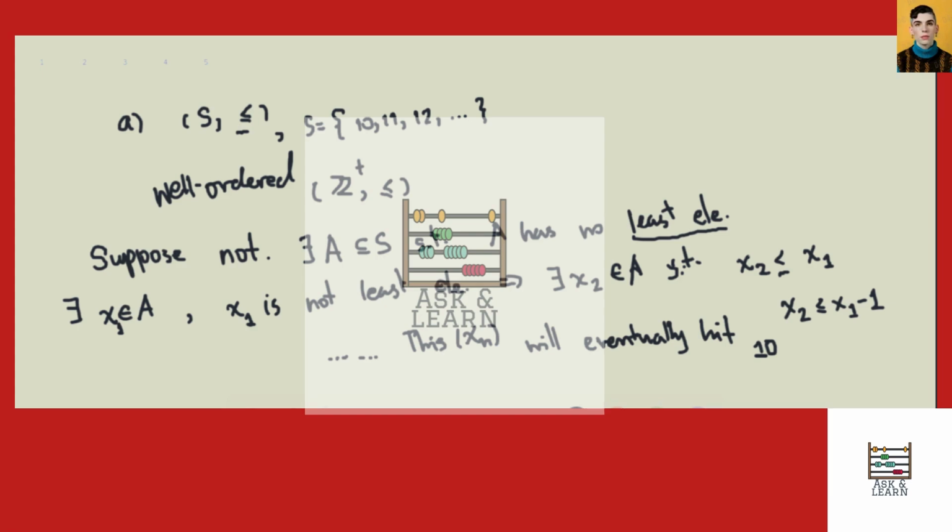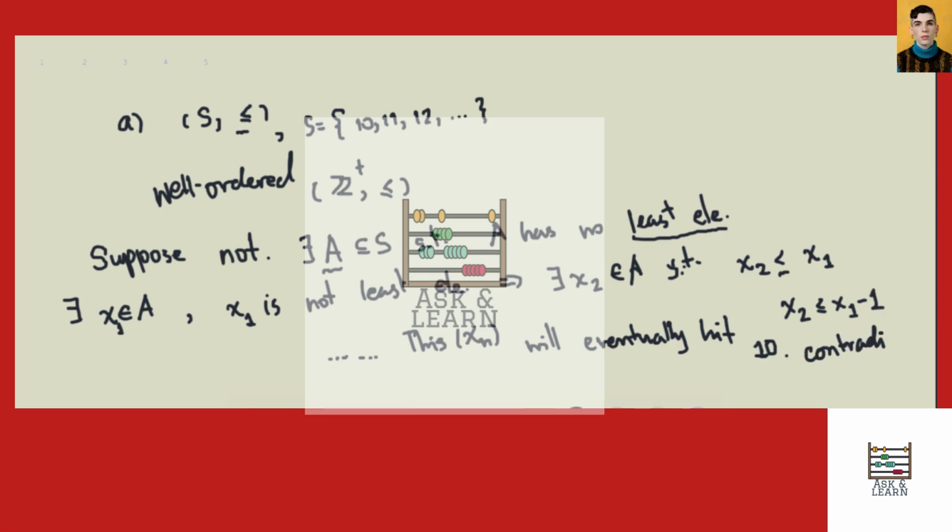So this subset A that we assume exists will go on and on until it hits 10. And when that happens, we will have a contradiction.